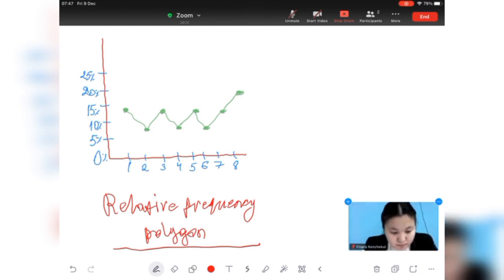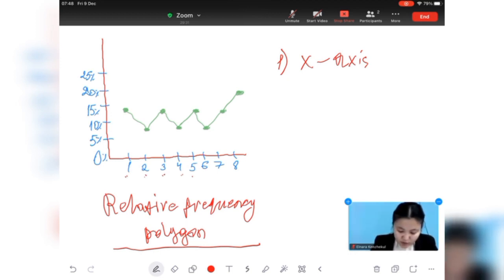And the algorithm for drawing a relative frequency polygon: first, display the x variants on the x-axis, and here variants 1, 2, 3, 4, 5, 6, 7, 8.